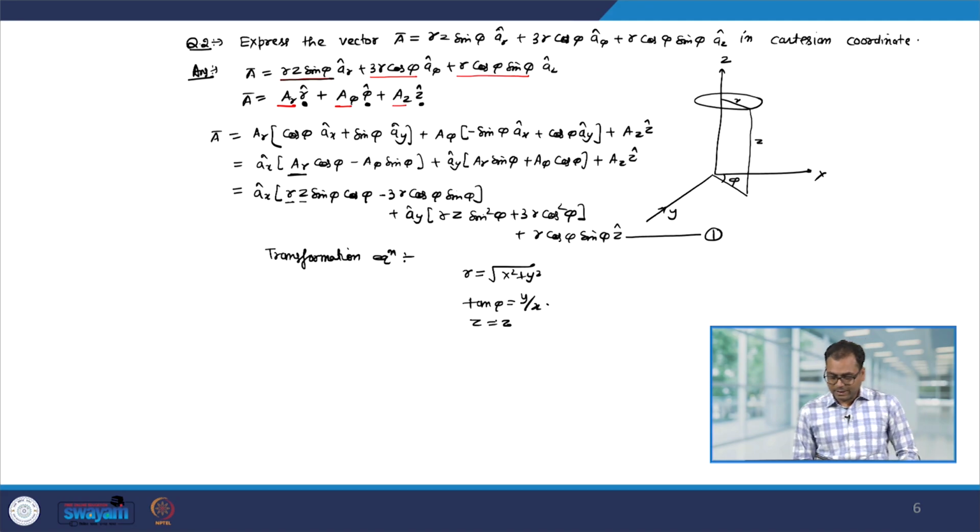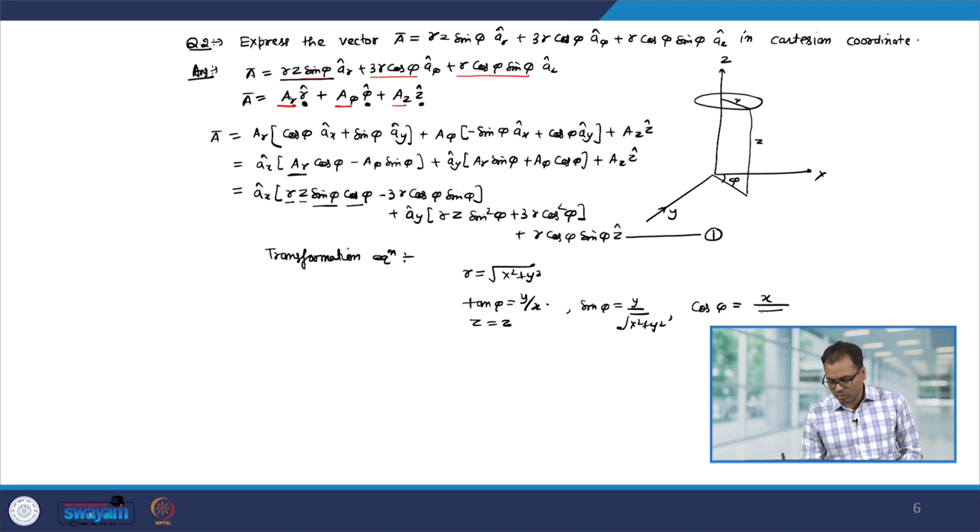So if tan phi is y over x, we need the value of sin phi and cos phi, so that we can find out. So sin phi will be y over square root x square plus y square, and cos phi will be x over square root x square plus y square. Now all these transformations I can put in equation number 1.